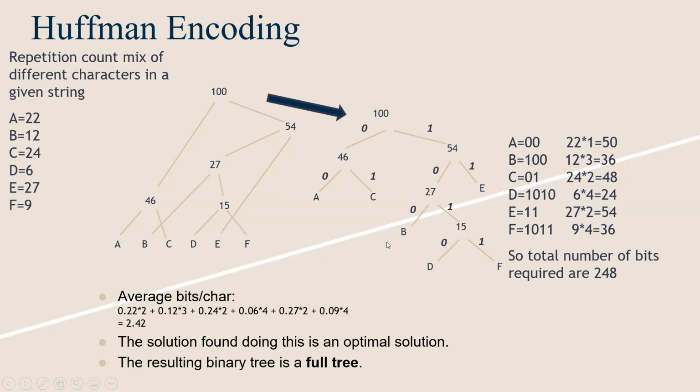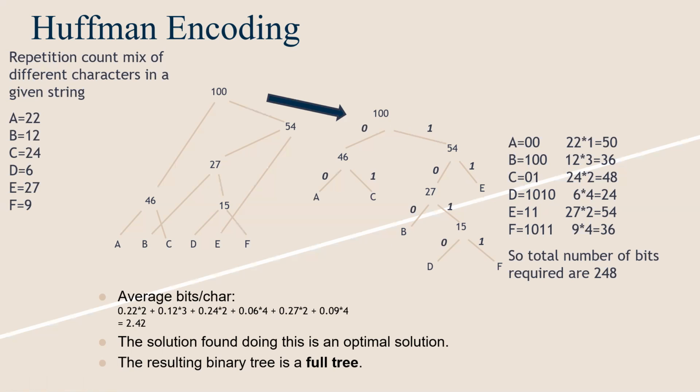1010. Now, for creating a code for E character, we will start traversing from the parent node, that is 100, up to E. So we will go through this, and here we have the code 1. Then here we will go up to E, where we also find the same 1.